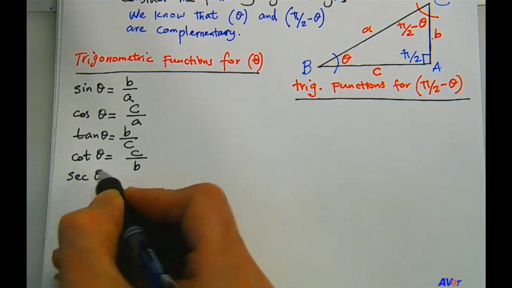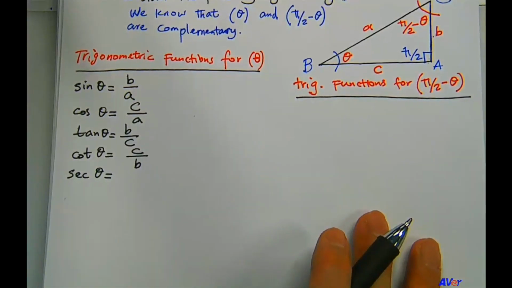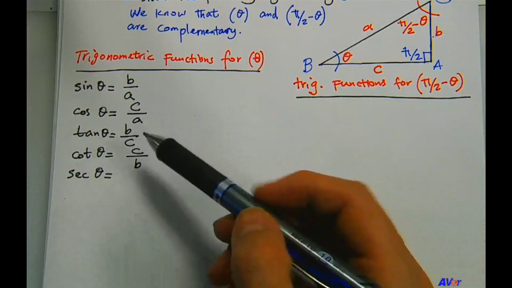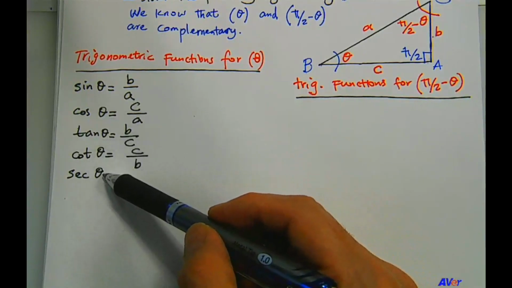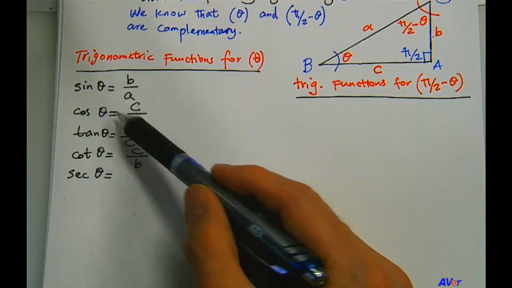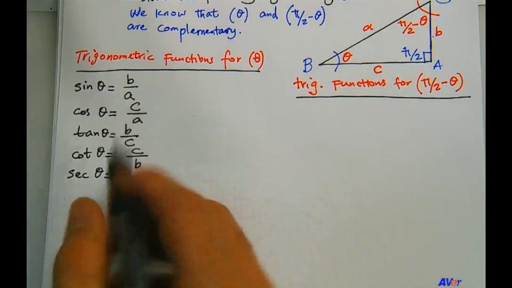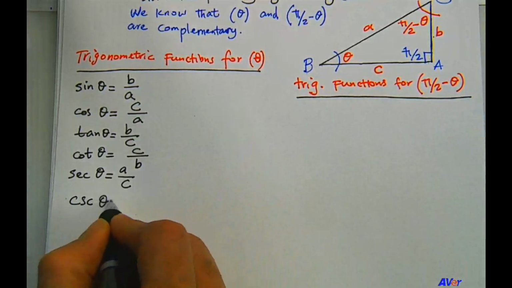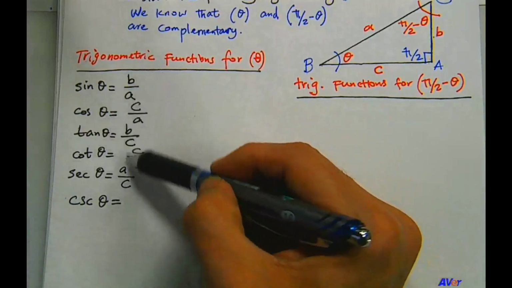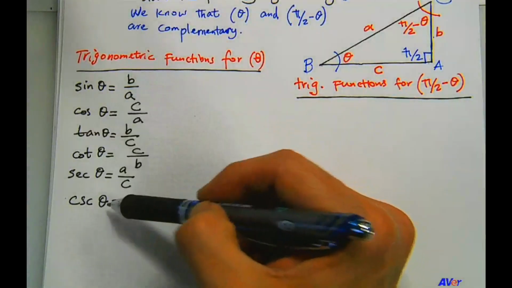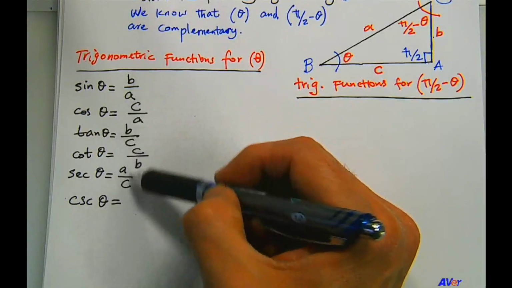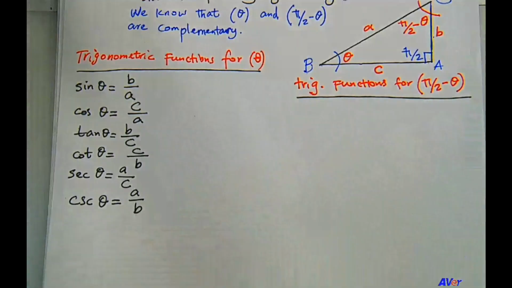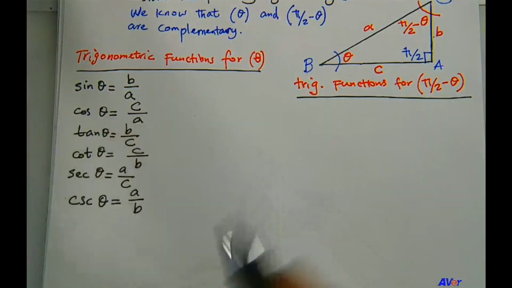Then secant of theta, right? Secant is the reciprocal of which of these? Do you remember? Secant theta is the reciprocal of cosine theta. So it's a over c. And of course, cosecant of theta is the reciprocal of sine of theta. So a over b. Okay, so we're done with that.